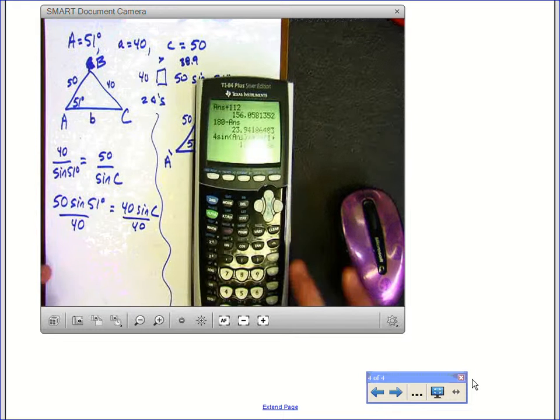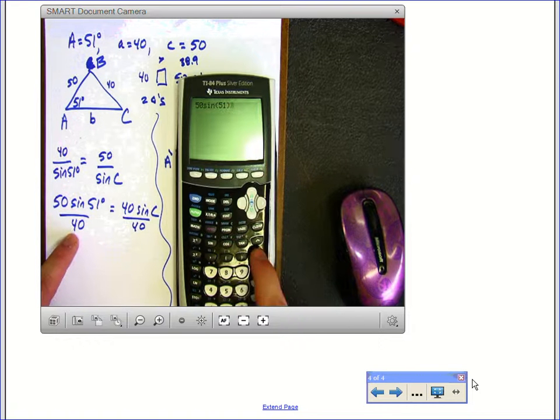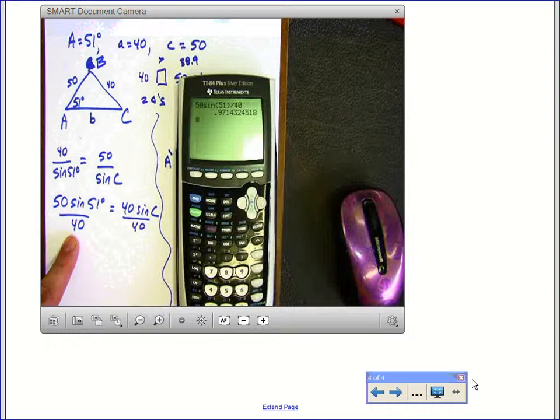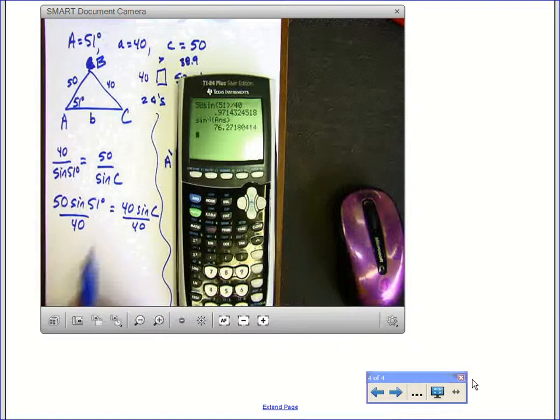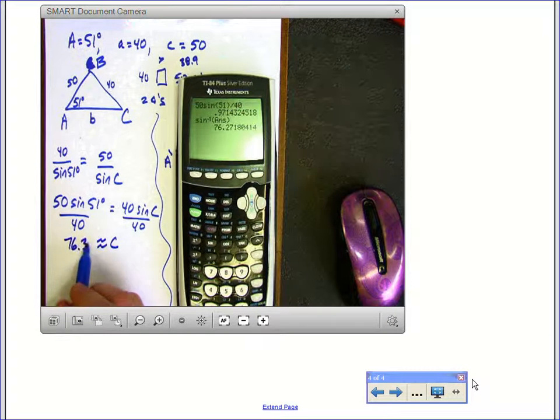Let me punch it in with you. 50 times sine 51 divided by 40. That's the sine of C, so I need to take the inverse of that. Here we're going to get C is 76.3 degrees.